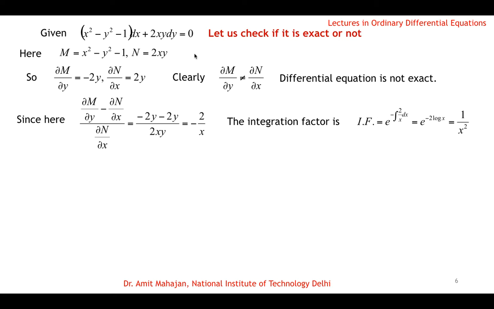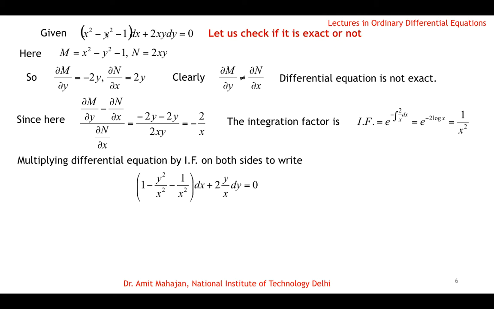The role of this is to make the differential equation exact by multiplying the equation by this integrating factor. So 1/x² is multiplied to the whole equation, and it can be written as (1 − y²/x² − 1/x²) dx + (2y/x) dy = 0.